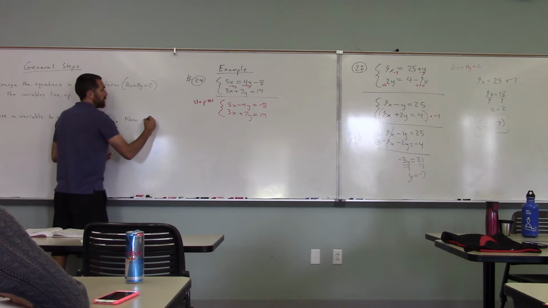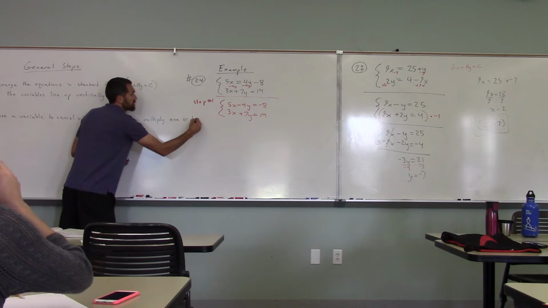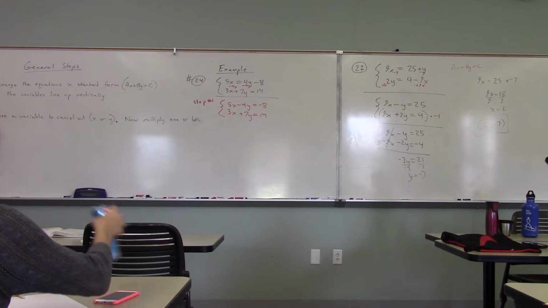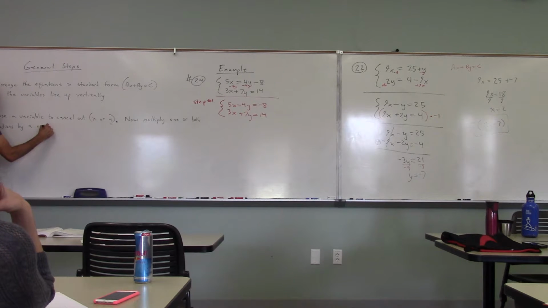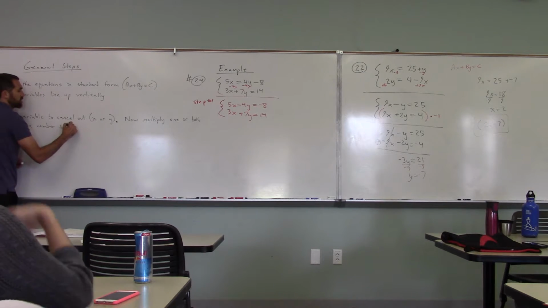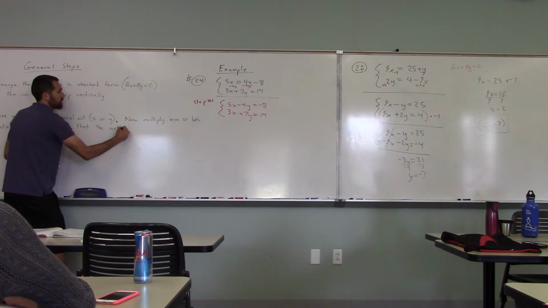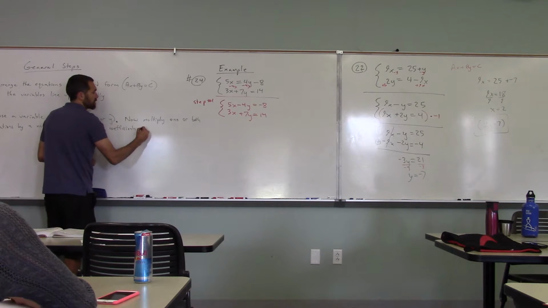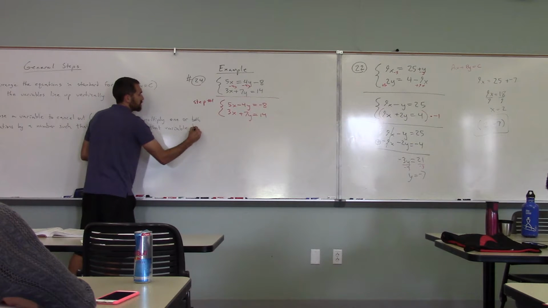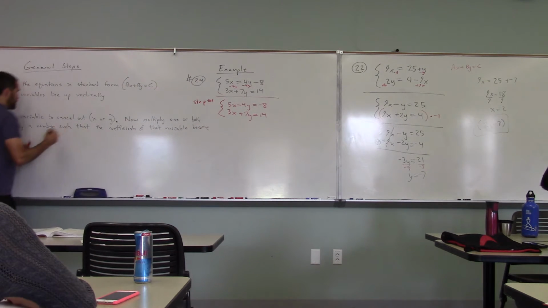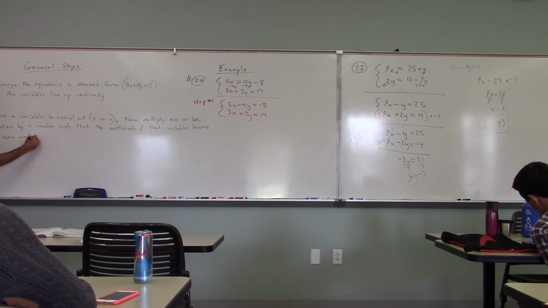Now multiply one or both equations by a number such that the coefficients of that variable become the same number but with opposite signs.